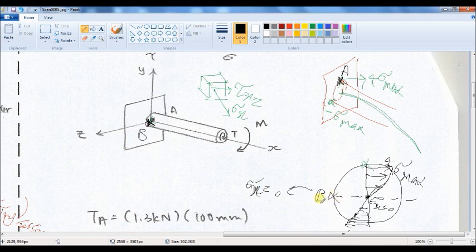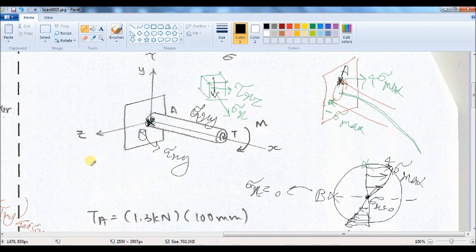So at this point we don't have any axial stress, but at the same time we will again have tau. Let's say we are looking from here, it will be tau x y. The direction of the shear stress will be like this, tau x y.